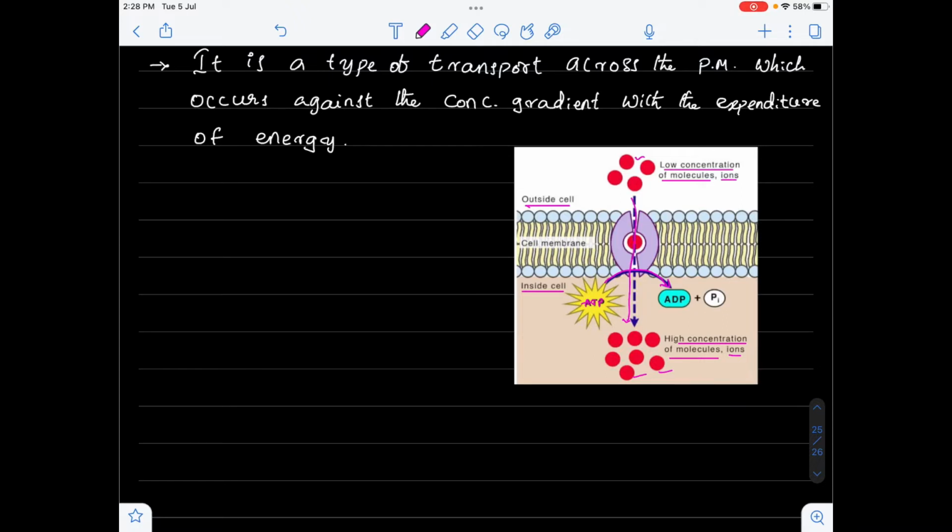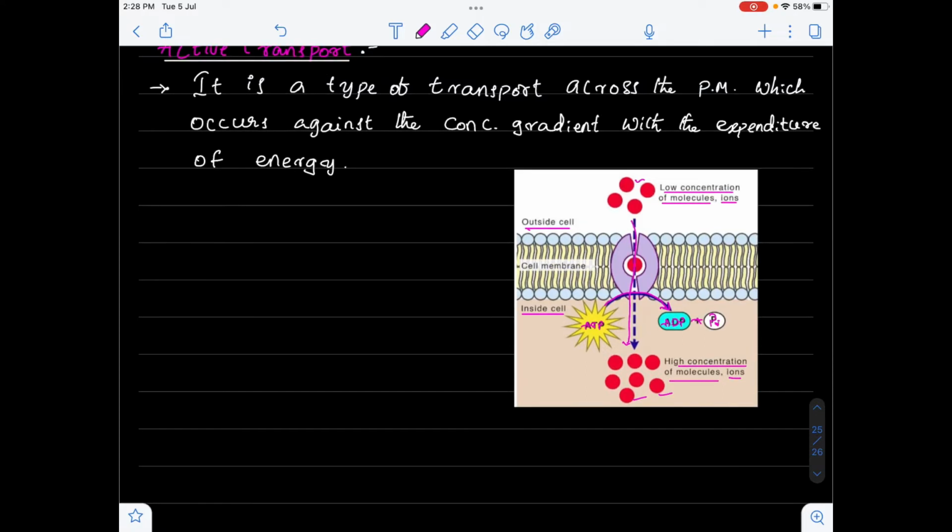The ATP is split into ADP and inorganic phosphate. So this type of transport of substances from the region of their lower concentration to their higher concentration with the expenditure of energy is called as active transport.